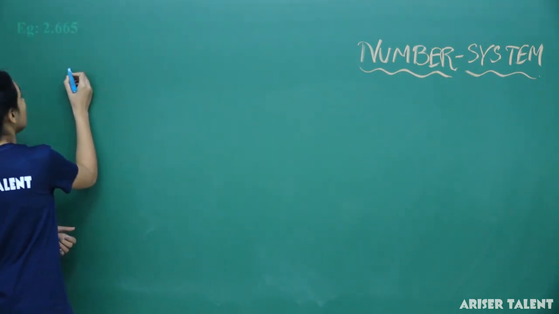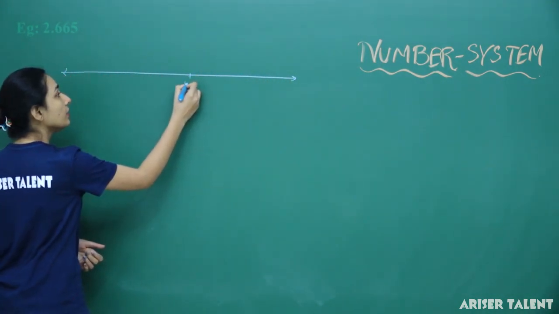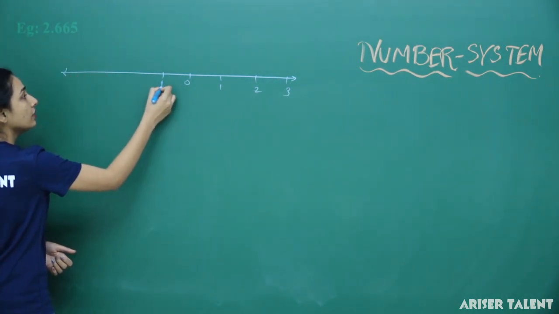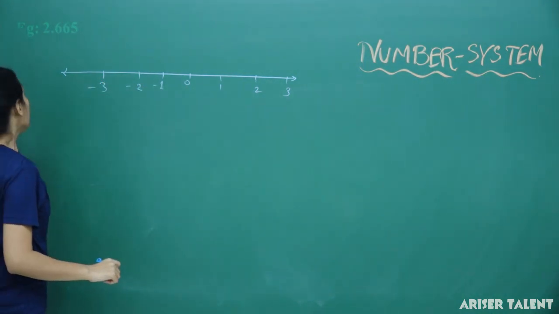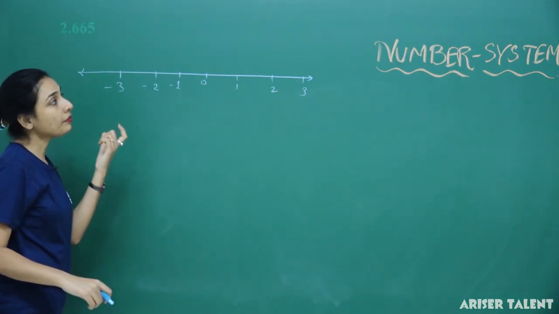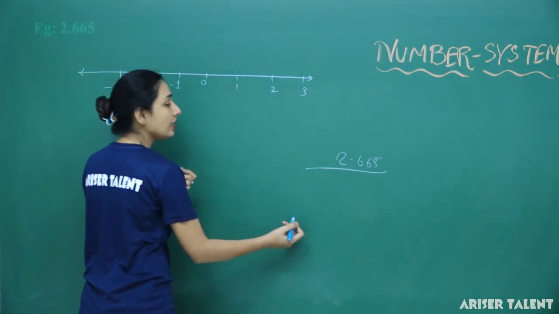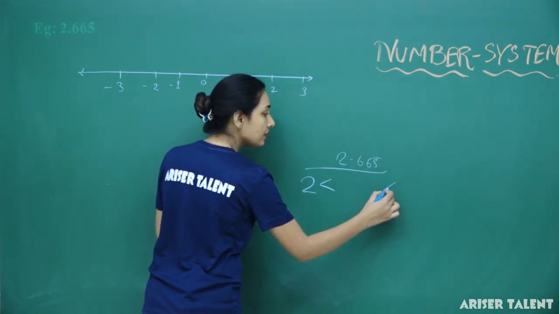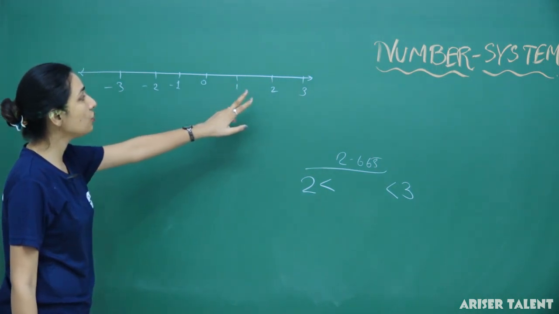I have 0 here, 1, 2, 3, and 1, 2, 3 on the minus side. Now the number is 2.665. In other words, I can say it is greater than 2 and less than 3. So the number will lie between 2 and 3.